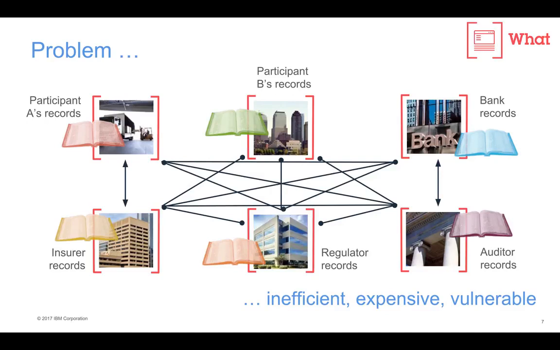Every network participant maintains ledgers, and we believe those are some of the fundamental elements that we're trying to solve with blockchain. It is also vulnerable because if a central system, in this case, for example, a bank, is compromised, which we have seen a lot lately, it causes an incident that affects the whole business network. The incidents can include fraud, cyber attacks, and simple mistakes.